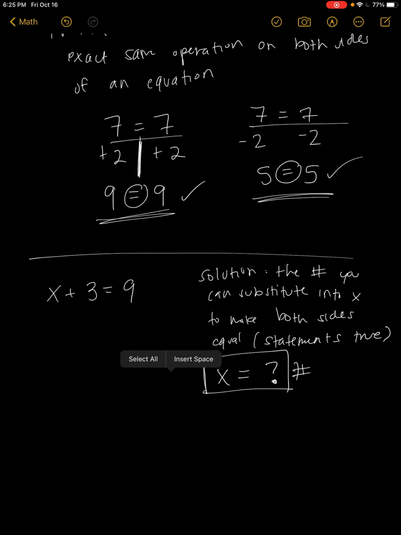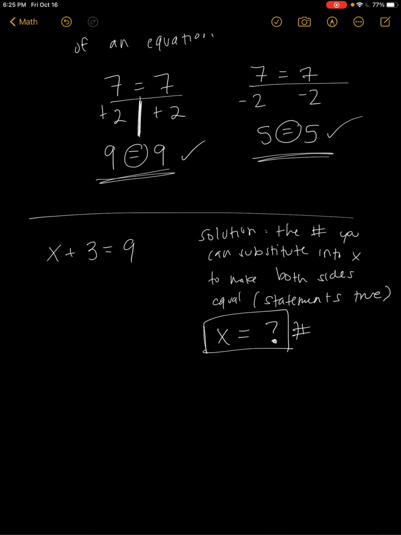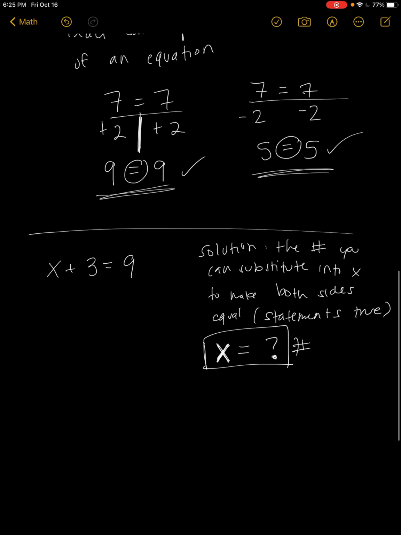So if I want to get x by itself, like I did over here on one side, I need to get rid of this 3. How can I get rid of this 3? Well, if you think of adding opposites, right? Positive 3, minus 3, they're going to cancel out, and I'm going to get rid of the 3 on the left side of the equation, and I'll just be left with x. I'm just kind of carrying it down.